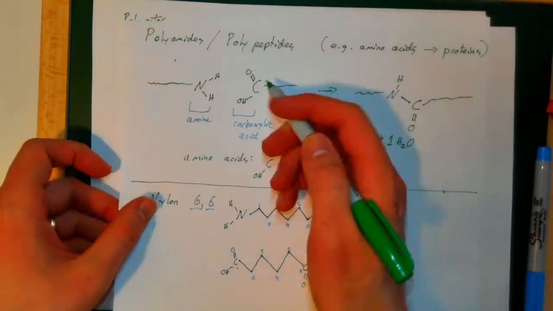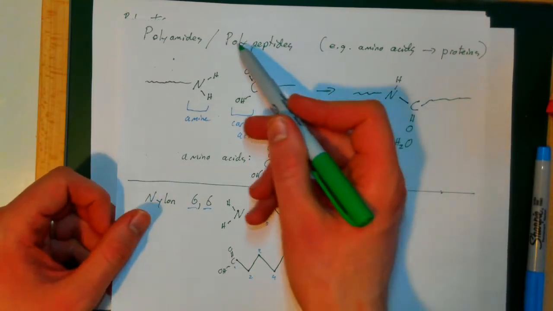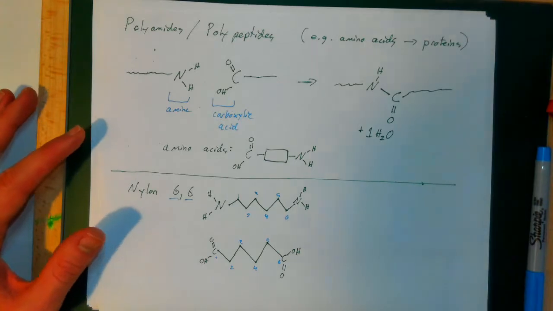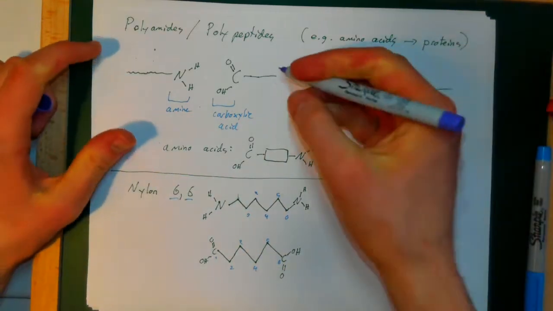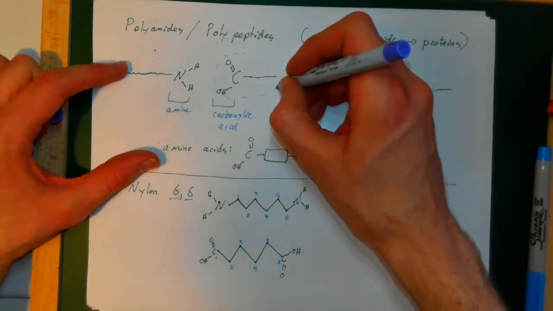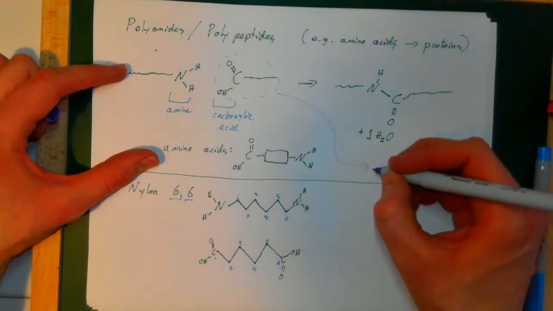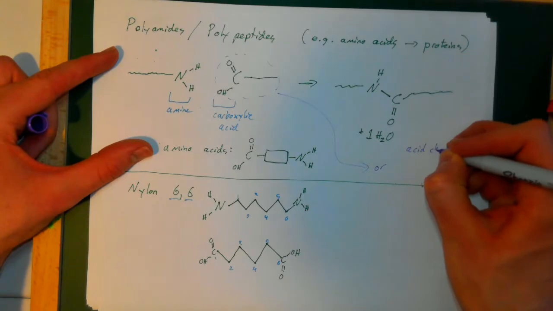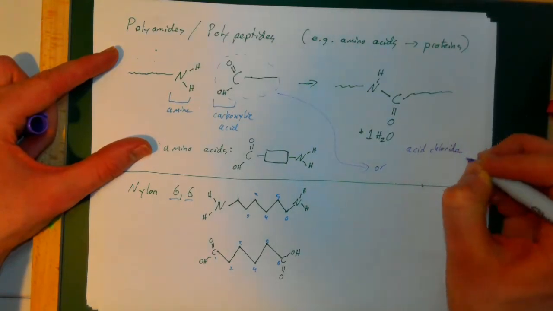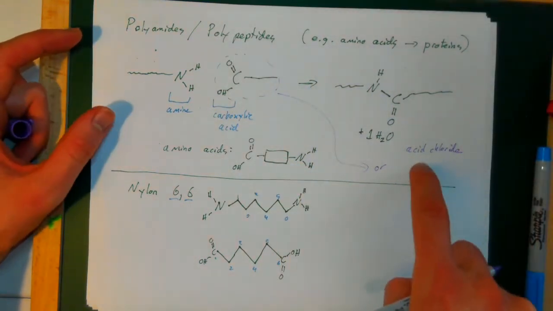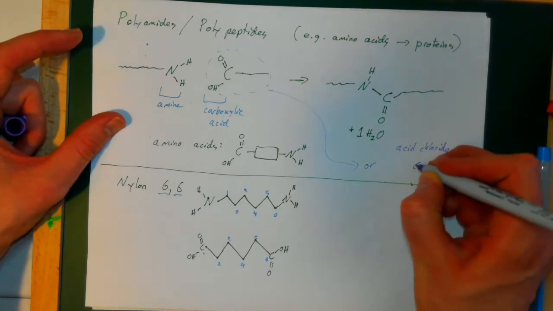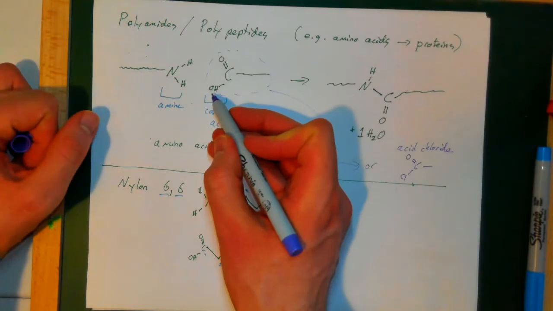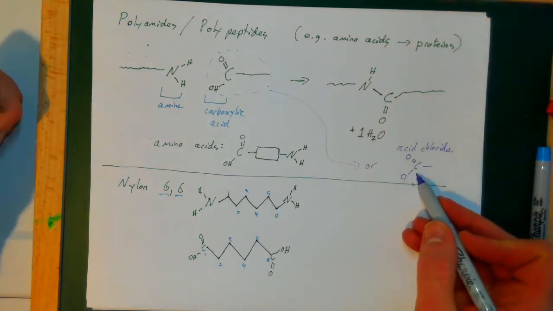To go back to what I have here, these polyamides can form with a COOH. There's also another option. Instead of having a COOH right here, it can be what's called an acid chloride, which is COCl. So instead of having an OH group, there's a chlorine hanging out right here.